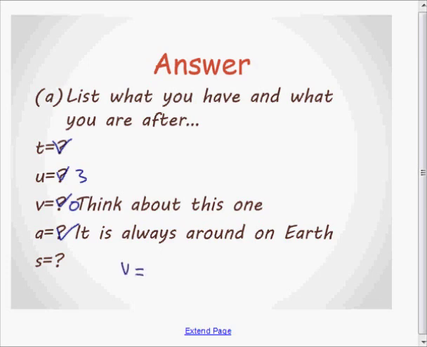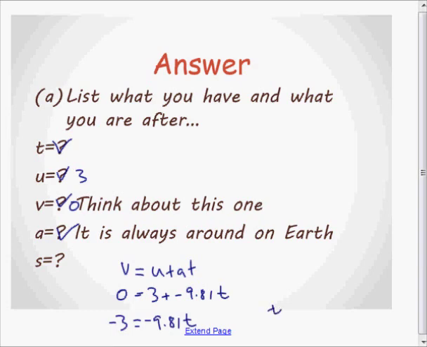So we're just going to do v equals u plus at. In this case, final is 0, so 0 equals 3 plus negative 9.81 t. Let's put the 3 to the other side: 0 minus 3, so negative 3 equals negative 9.81 t.